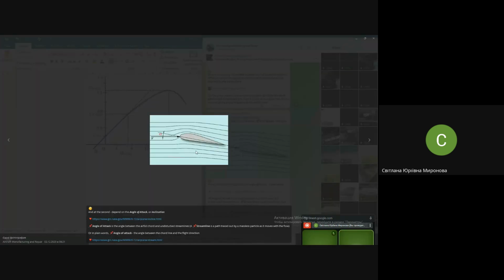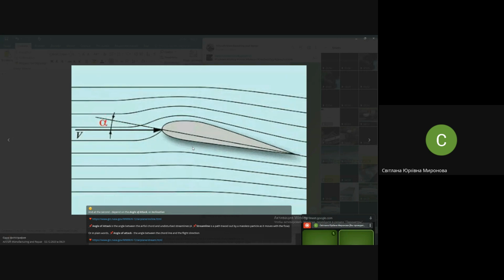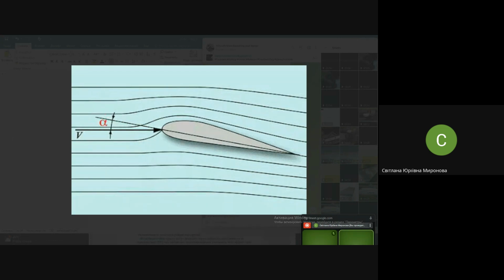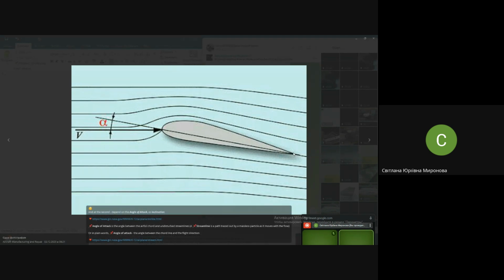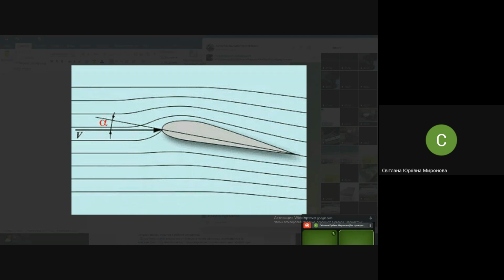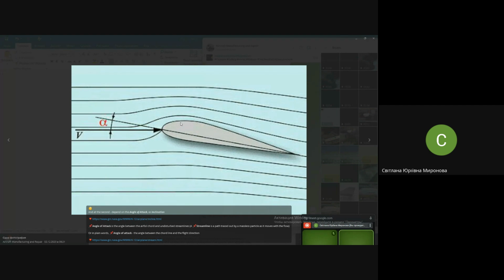As to the positioning of this airfoil in space, right now we see the airfoil in streamlines. Once again, it compulsorily should have a sharp trailing edge. The leading edge may be a bit circular, maybe also sharp, depending on the type of profile. Profiles for supersonic speeds are usually sharp here.